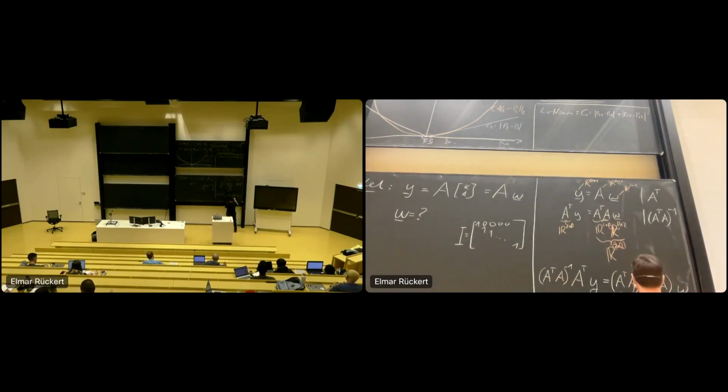And here's your identity matrix. And why? Because if you multiply the inverse of a squared matrix with the matrix itself, this results in the identity matrix. So we denote that by I, and I can drop that, I don't need that. I can say now W, the vector, is equal to the inverse of A transpose times A, times A transpose times Y.